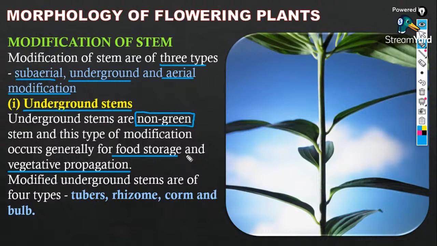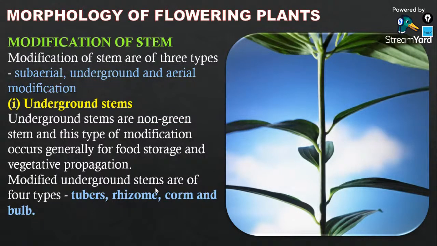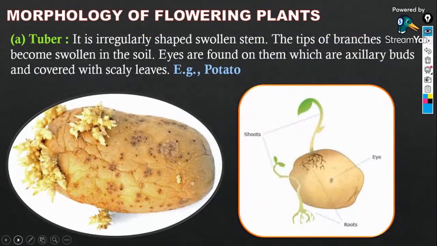So it is used for vegetative propagation also. You have to study 4 different types of underground stem modification, that is tuber, rhizome, corm and bulb. These are the 4 main underground stem modifications which we are supposed to learn as per our NCERT. Clear?